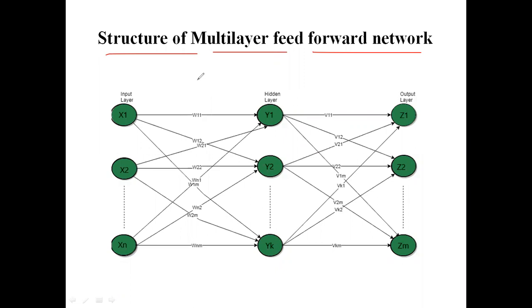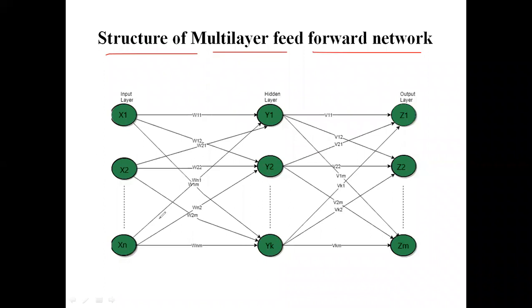First of all, what is a feed-forward network and what is a multi-layer feed-forward network? Which network has more than one layer? That particular network is called a multi-layer network.